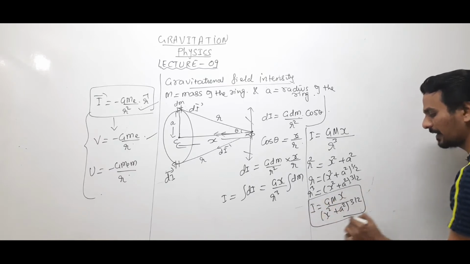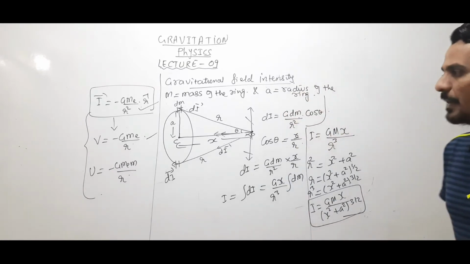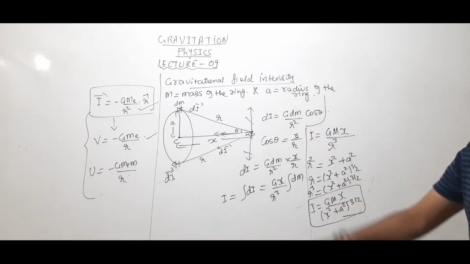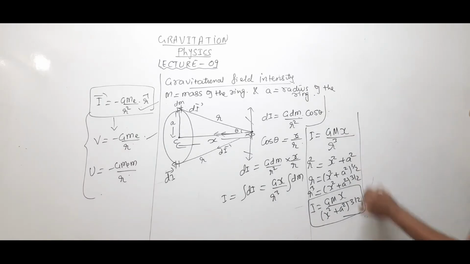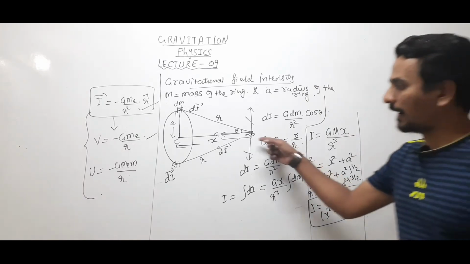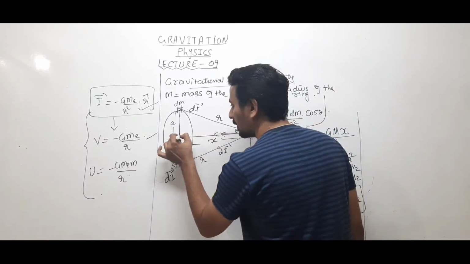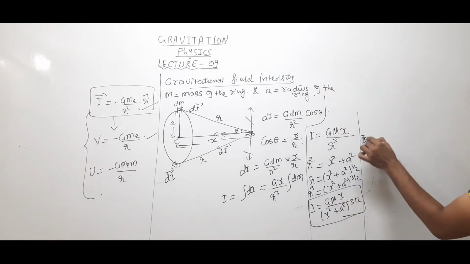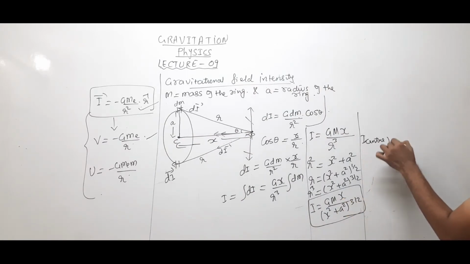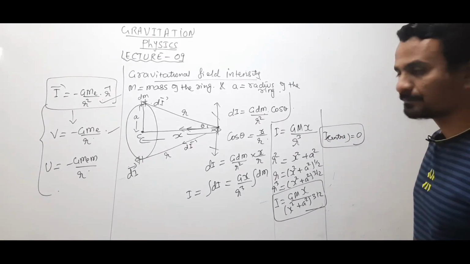This is the gravitational field intensity of a ring of mass M and radius a along the axis at a distance x. So what is the gravitational field intensity at the center? At the center of the ring, x will be 0, so the intensity at the center will be 0. Clear?